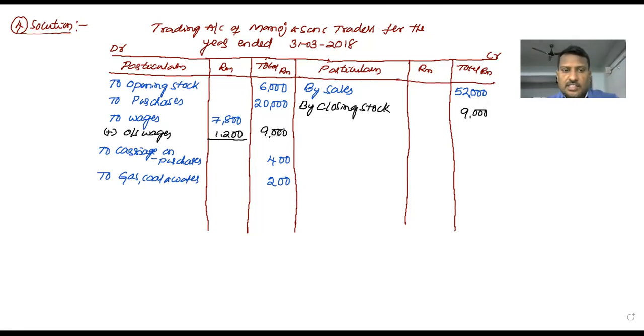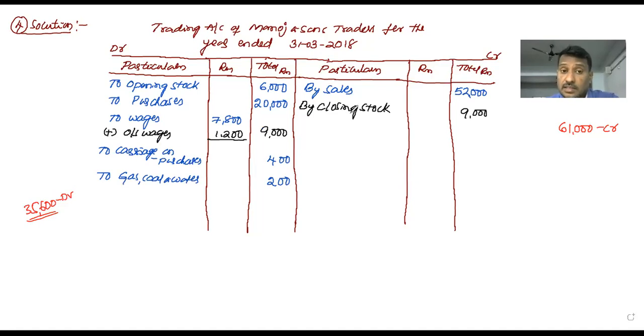As we complete the trading account, let me total both sides in rough. Credit side total: 52,000 plus 9,000, 61,000 is the total amount of credit. Let's total the debit: 26,000 plus 20,000, 26, 35,600. 35,600 is the total amount of debit.